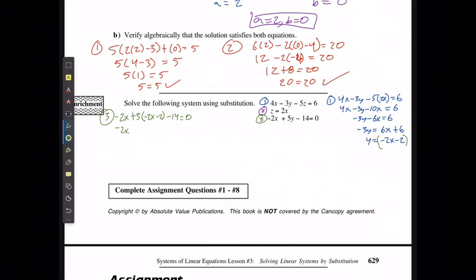Negative 2x minus 10x minus 10 minus 14 is equal to 0. Negative 12x, well, negative 10 and negative 14 is going to be negative 24. When I move it across, it's going to be positive 24, not 20. Or x is equal to negative 2.